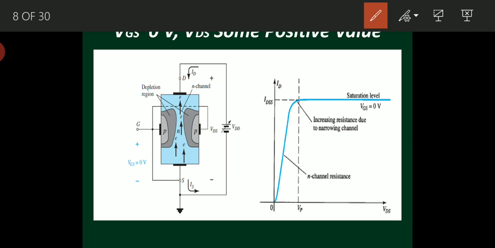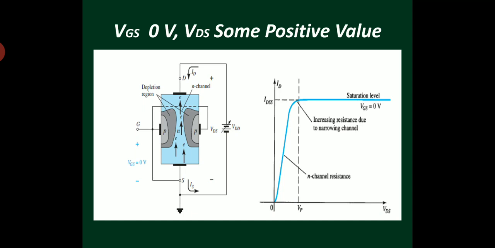So current flows from drain to source, right? Why? Because the direction of current is opposite to the direction of flow of electrons. If electrons move from source to drain, then the direction of current due to these electrons is from drain to source, as we know.